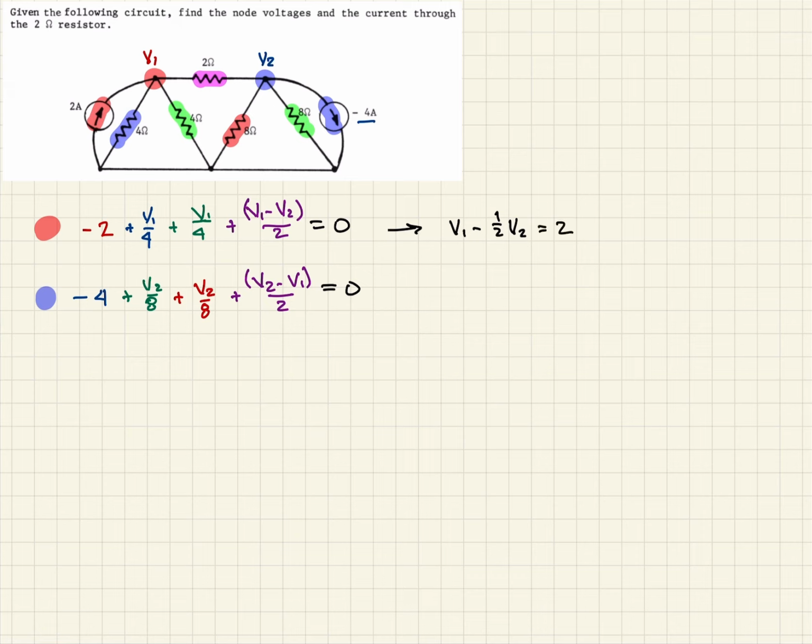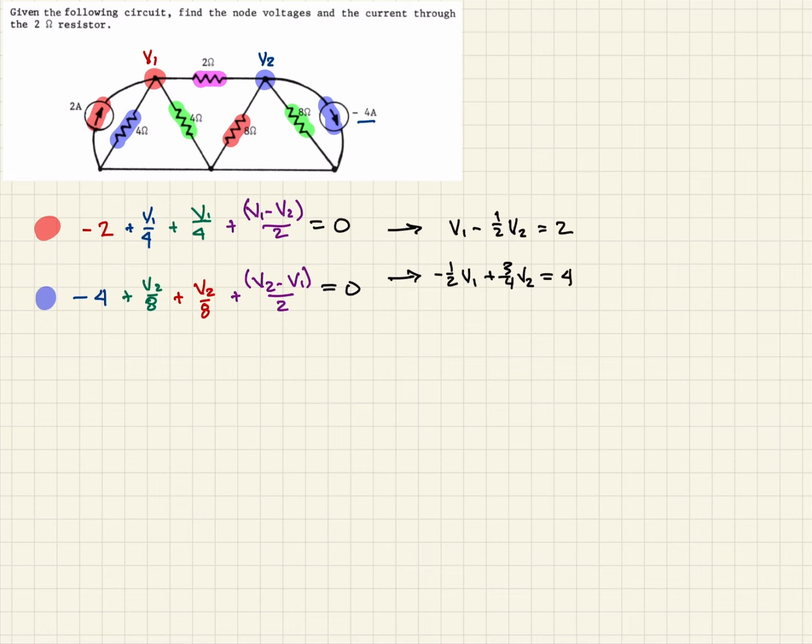And then same thing with this one: combining like terms and rearranging just a bit, this will be minus 1/2 V1 plus 3/4 V2, and that's going to equal 4.